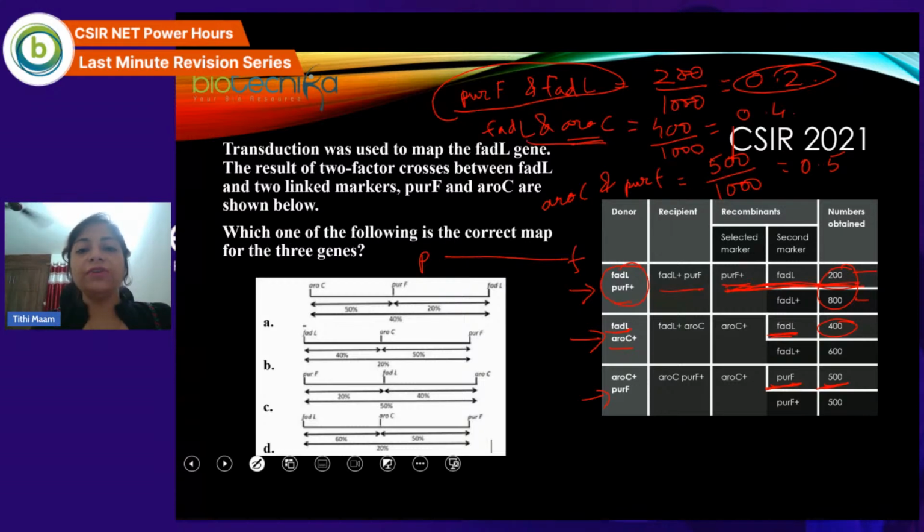The co-transduction frequency of this is lesser compared to this, so AROC will be more towards PERF. Co-transduction frequency of AROC and FADL is 0.4, and AROC and PERF is 0.5. Higher co-transduction frequency means lesser distance between the genes. Remember? So AROC will be present more towards PERF.